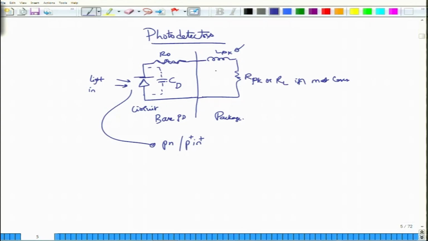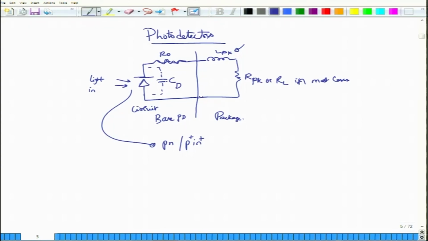You can include that parasitic capacitance into CD itself, and there could also be some packaging resistance, or usually this is the load resistance, assuming that the package resistance which comes from the soldering and other things can be neglected. So, this is how you would have a complete circuit representation of a photodetector.